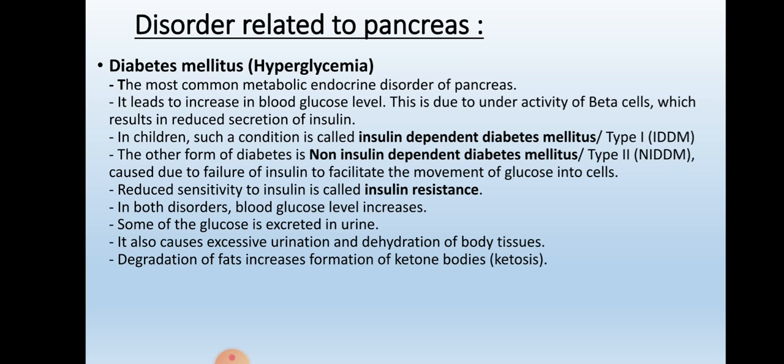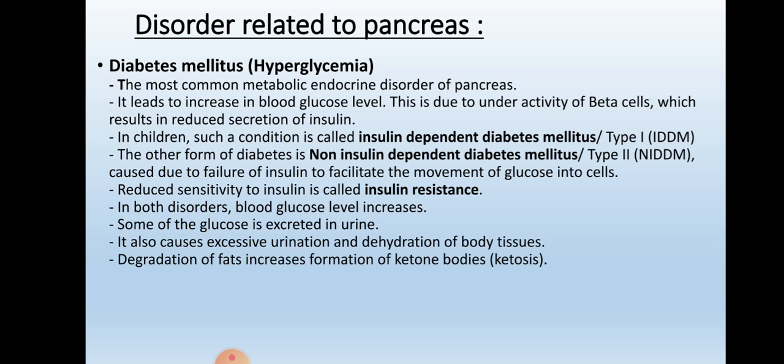The other form of diabetes is non-insulin dependent or type 2 diabetes. It is due to inability of insulin to facilitate movement of glucose into cells. Insulin actually facilitates uptake of glucose in the cells, thereby decreasing blood glucose level.